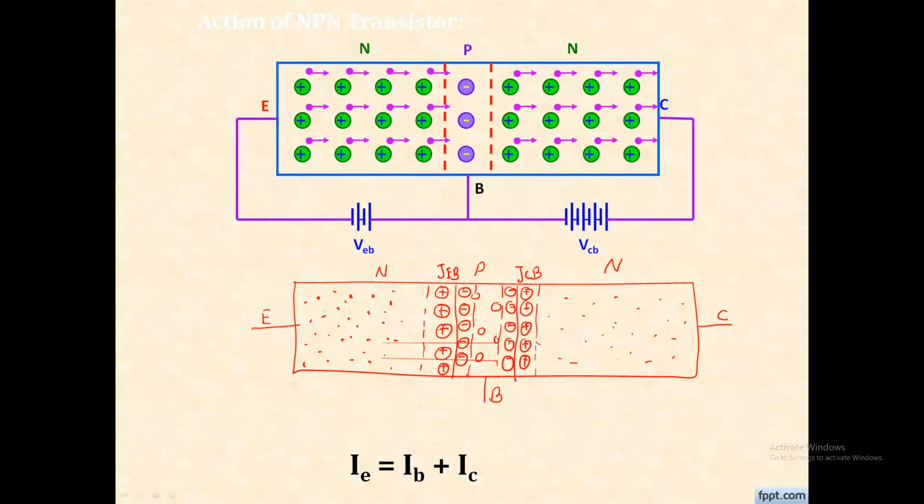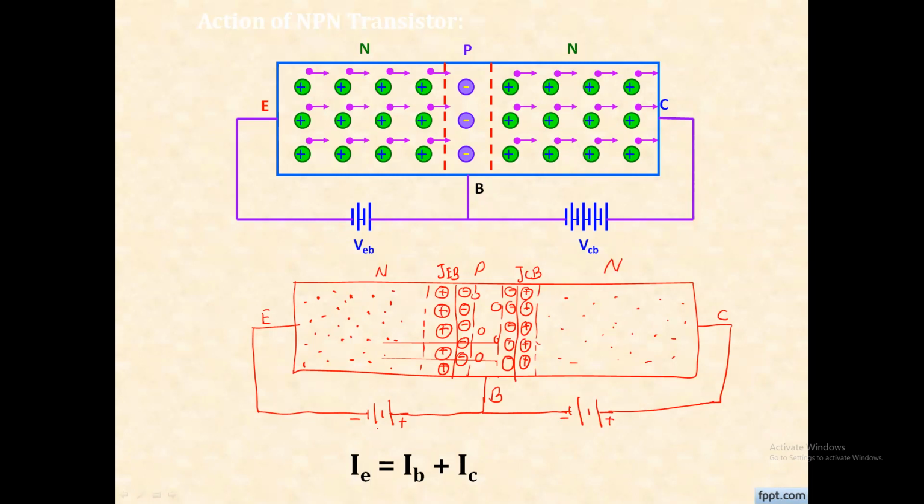And now when emitter to base is connected in a forward bias, मग कसं कनेक्ट करायचं? N ला, N निगेटिव्ह ला आणि P पॉझिटिव्ह ला, झाला फॉरवर्ड बायस मध्ये. And collector to base in a reverse bias, is it right? It means that N हा पॉझिटिव्ह ला कनेक्ट केला आणि P हा निगेटिव्ह ला कनेक्ट झाला, रिव्हर्स बायस मध्ये.